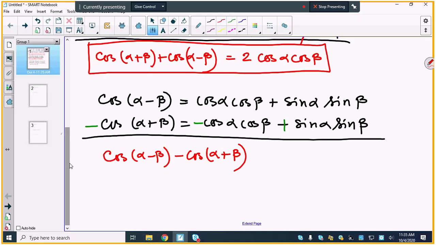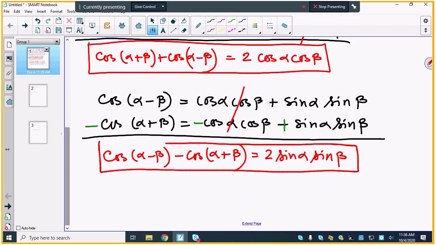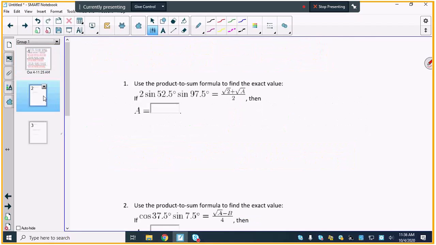And if I look at the right hand side, I can cancel the cosine terms, and I have 2 of the sine terms multiplied as 2 sine alpha sine beta. So these are the three multiplication formulas, and we will see a couple of examples involving these three formulas. So let's go to our actual lecture notes and try to work out problems.